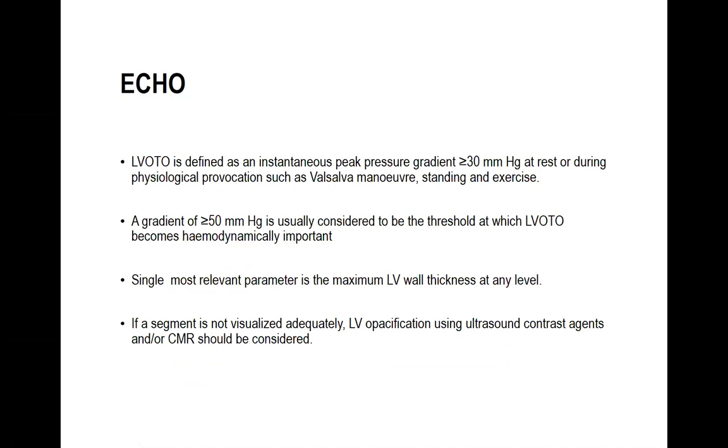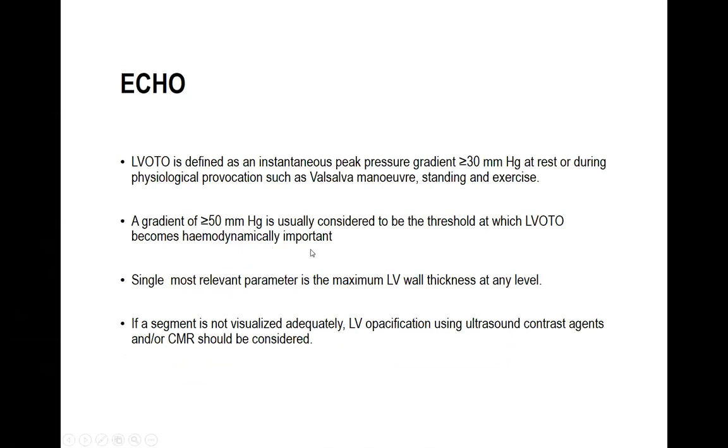Echo, this is very important, is defined as an instantaneous peak pressure gradient of more than 30 millimeters of mercury at rest or during physiological provocation such as the Valsalva maneuver or standing and exercise. A gradient of more than 50 millimeters of mercury is usually considered the threshold at which the LVOT becomes hemodynamically important.